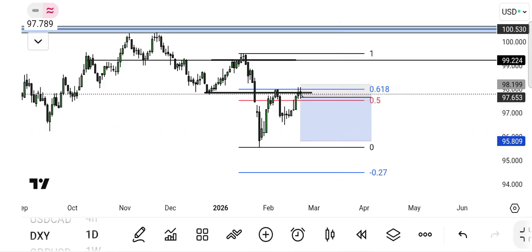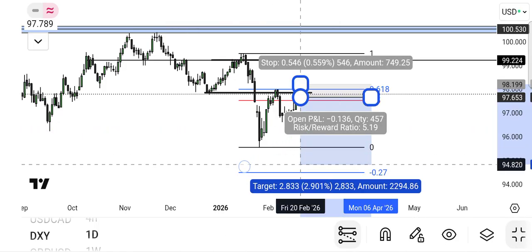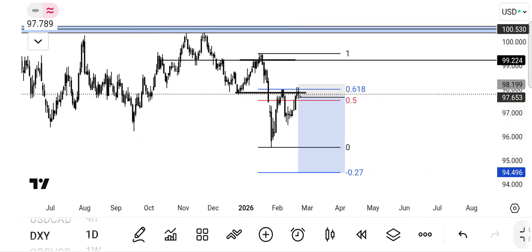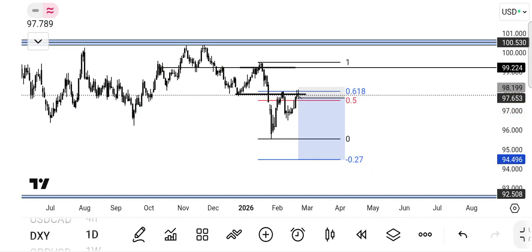Are you getting me? So my first take profit is there, my second take profit will be here. Once the market does anything like this, I'm going to be exiting my trade. Then I'm going to be looking for another point to enter: a pullback to that monthly or daily time frame resistance zone.